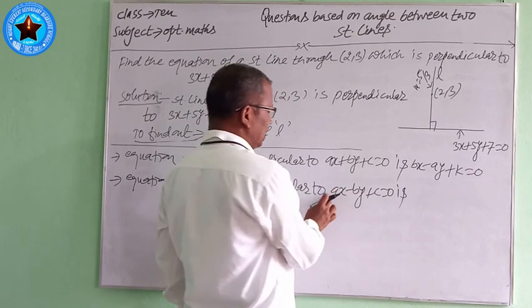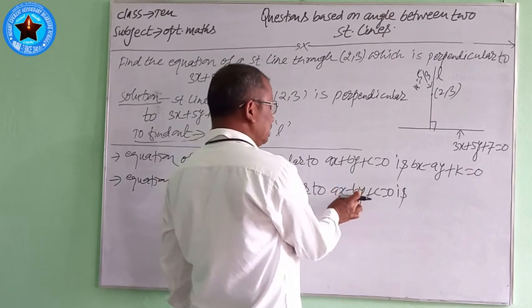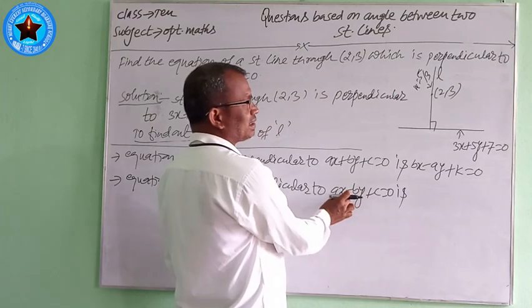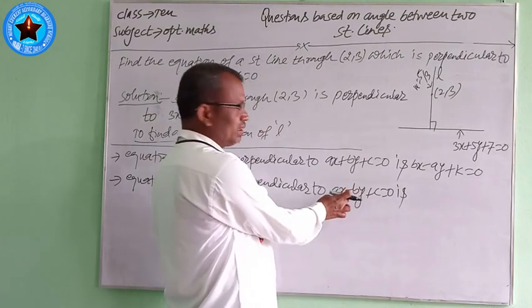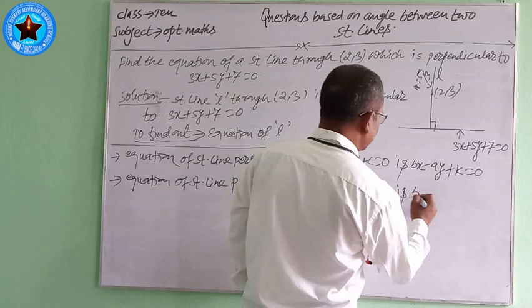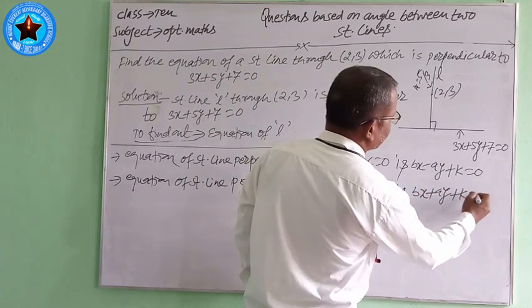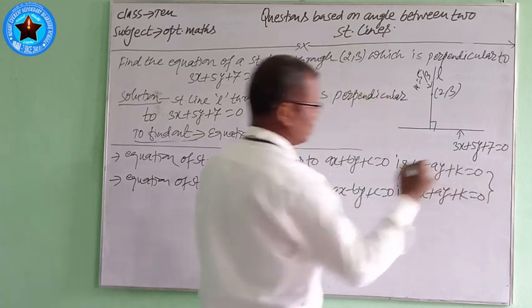In place of a you write b, and in place of b you write a. And what sign is here? Here is a minus sign, therefore it should be made plus. Means bx plus ay plus k equals 0.